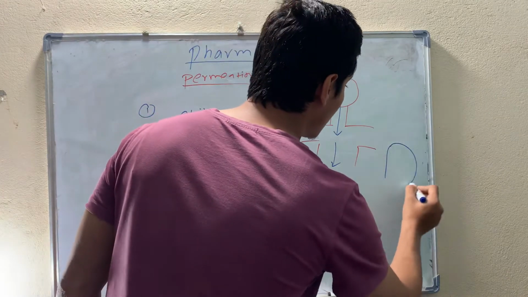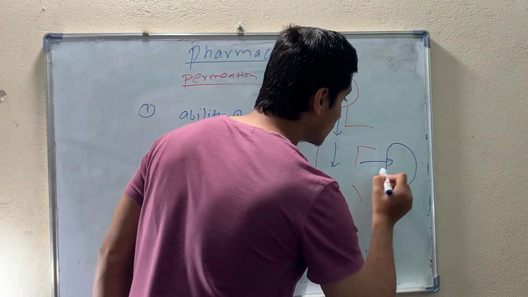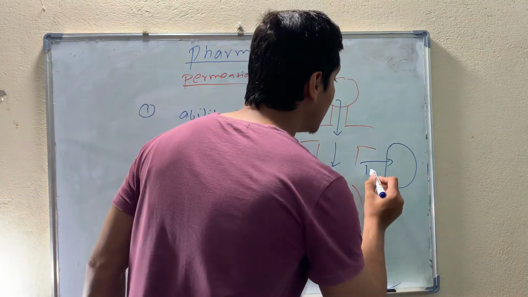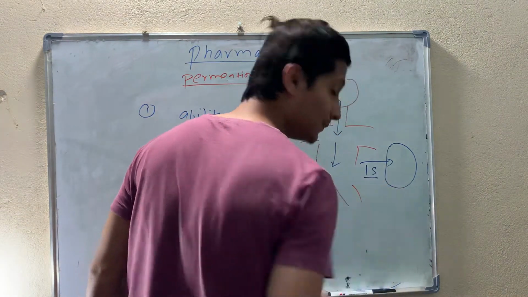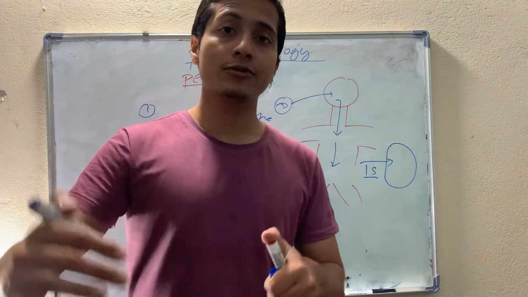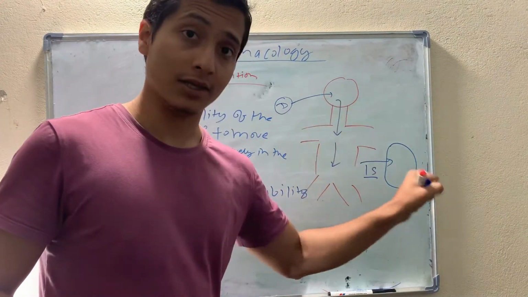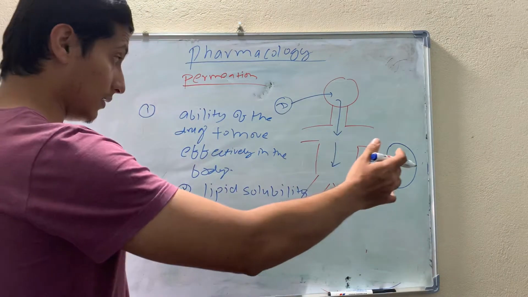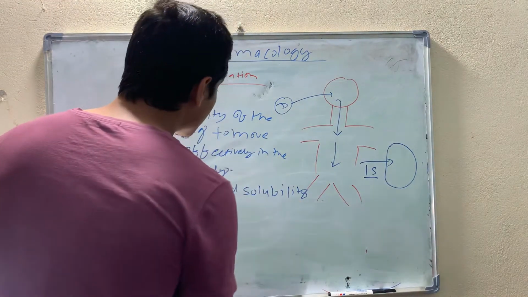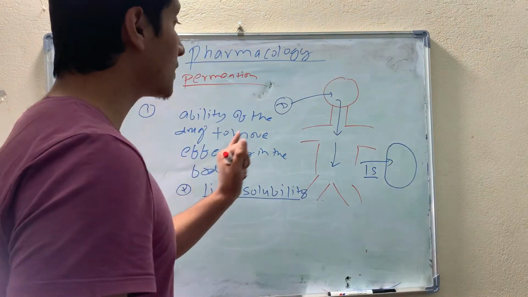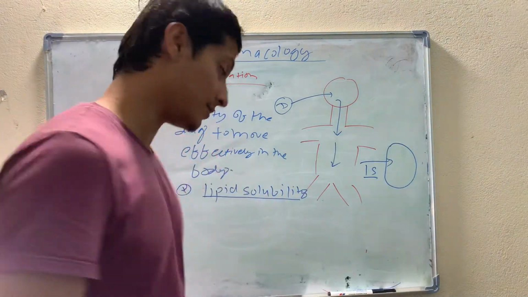A drug has to pass through the cell membrane, and it'll pass only if it's lipid soluble. So almost all drugs are made lipid soluble so that they can get into the cell. The more a drug is lipid soluble, the more permeation capacity it has.